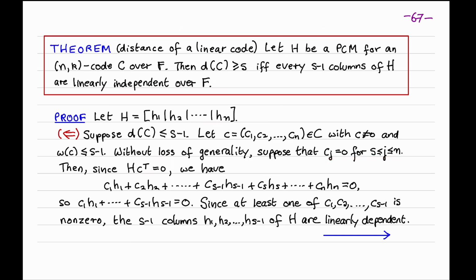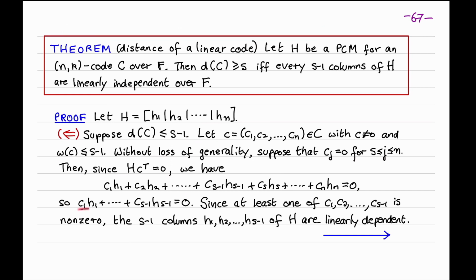Now, since c is a code word, H times c transpose is 0. And hence, c1h1 plus c2h2 plus up to cnhn is 0. Now I've noted that the coefficients cs up through cn are all 0. And so this linear combination becomes c1h1 plus up to c(s minus 1) h(s minus 1) equals 0.